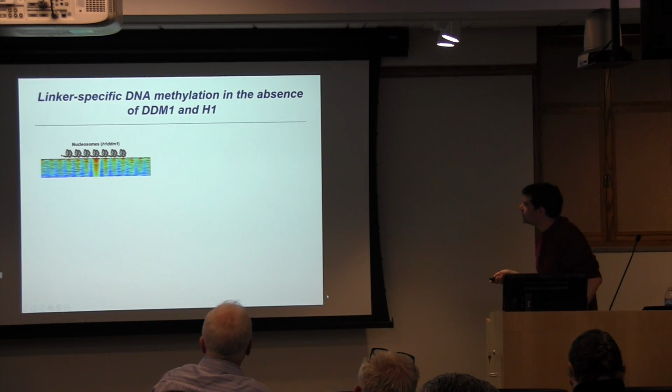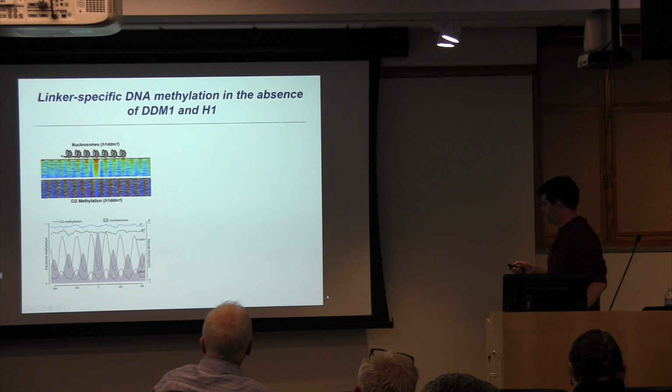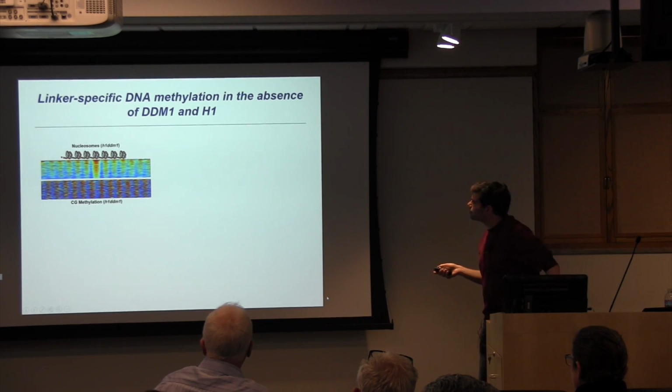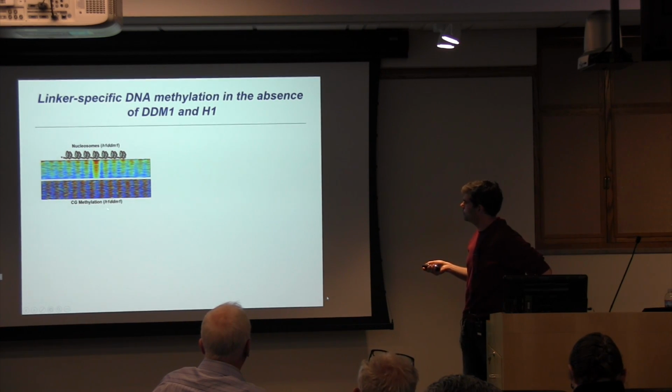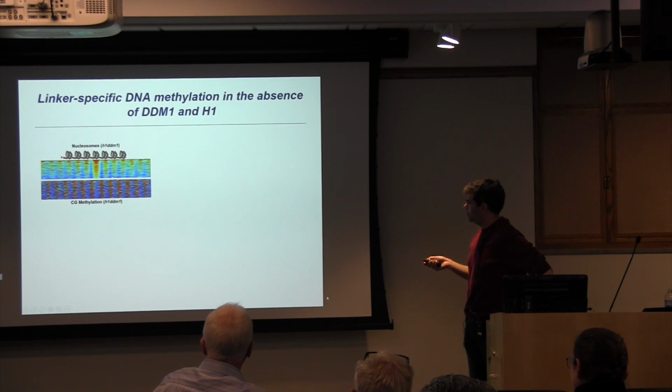Okay. And then if we look at DNA methylation there, what you get is something that looks similarly equally well arranged. So this is now CG methylation, these H1 DDM1 mutants. And so red will be more methylation, blue will be less. So methylation is in these well-defined stripes that are in between the nucleosomes.